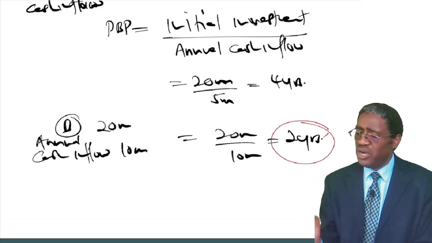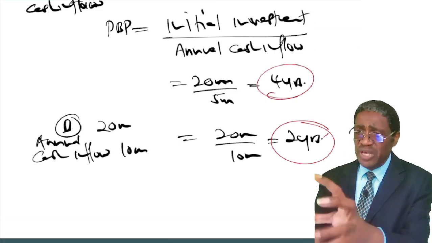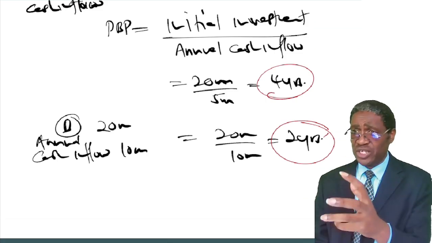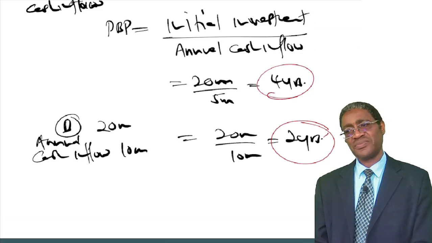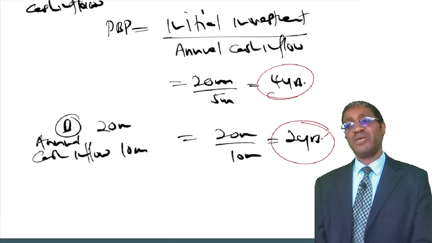Project A will take me 4 years to recover my 20 million, and project B will take me 2 years. And so we are saying the shorter the period, the better.